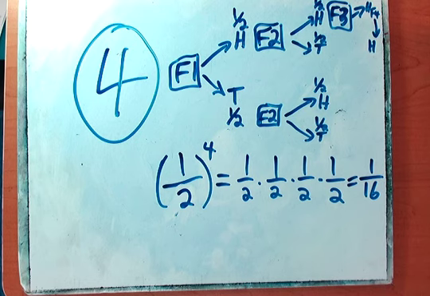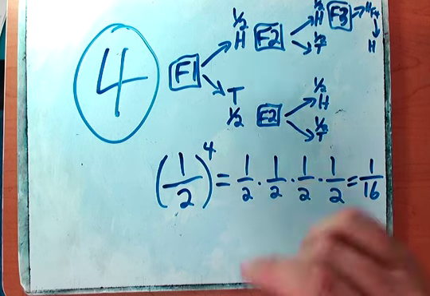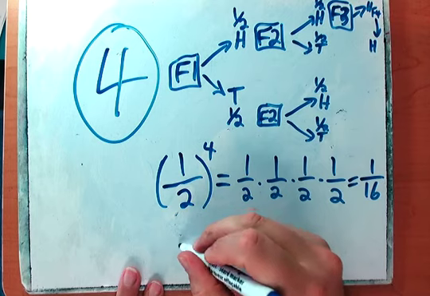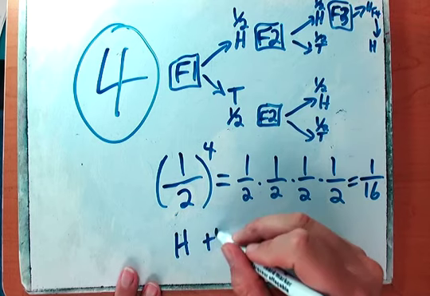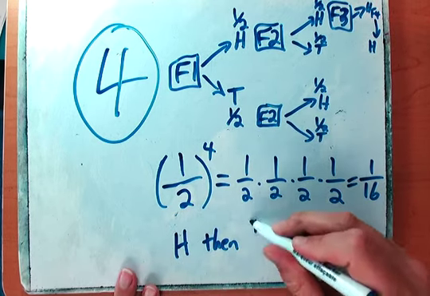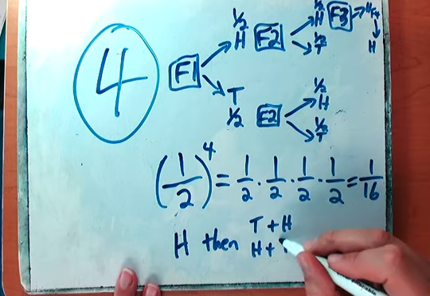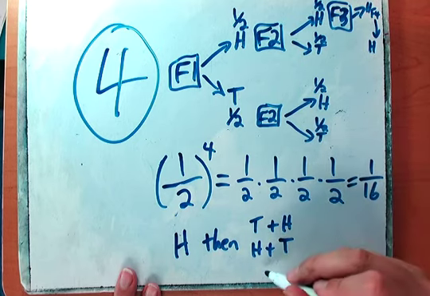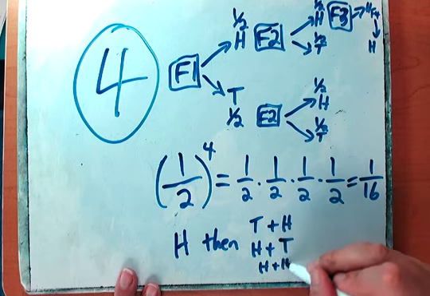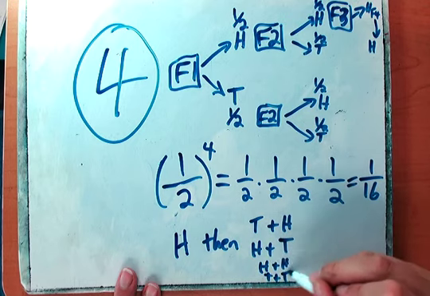So you want to have, let's say, what's the probability of a head, then a tail plus a head, or a head plus a tail? But the head plus head or tail plus tail, well, those don't count.